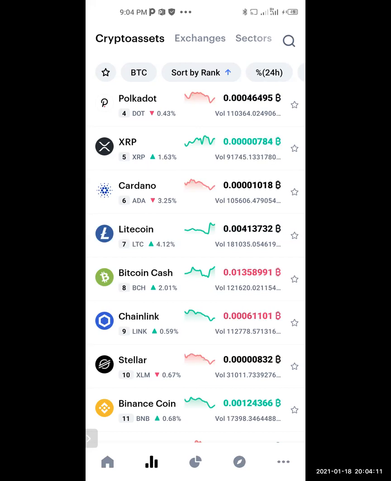There are some basics, like the different categories of cryptocurrencies. Cryptocurrencies fall under categories. Bitcoin, for example, is under the currency category, whereby it serves as a currency and that's all. Ethereum serves as a currency and also as a platform. What I mean by platform is that you can build on Ethereum.